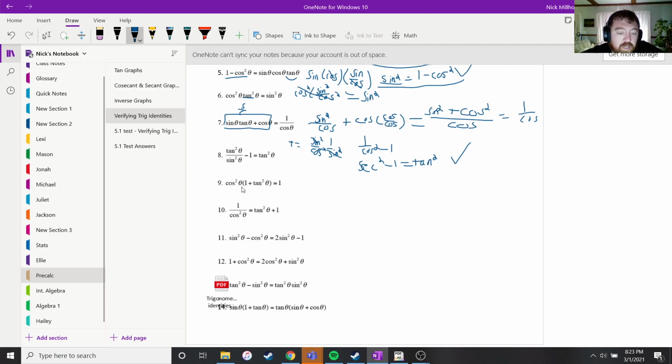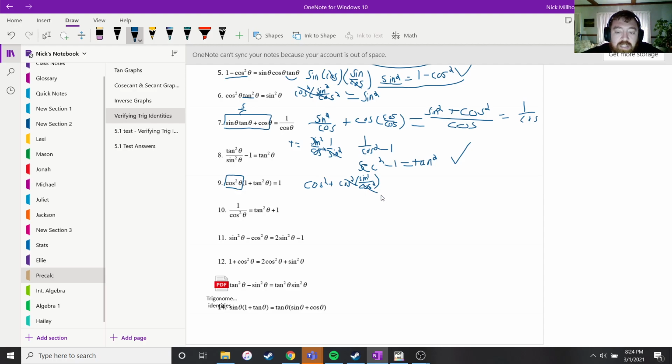So we have cosine squared times 1 plus tan squared. When we have this out here, that makes it seem like it was factored out, right? So now we're looking at cosine squared plus cosine squared times sine squared over cosine squared.